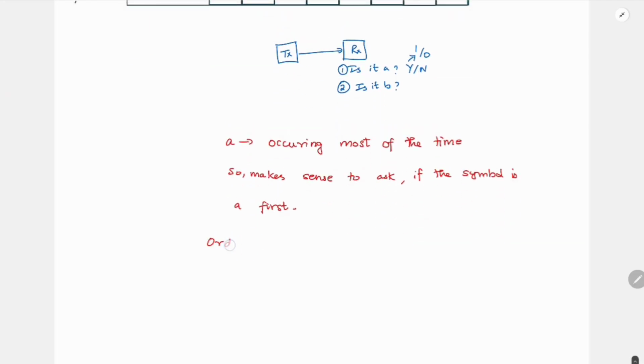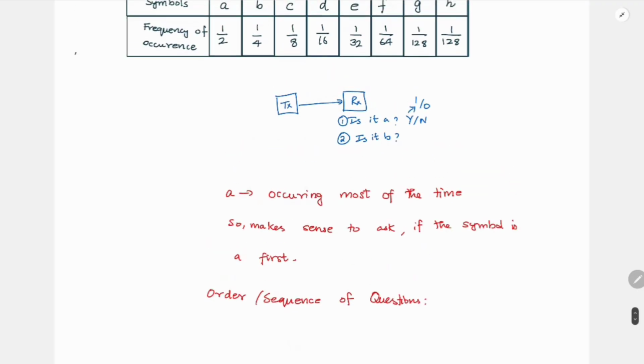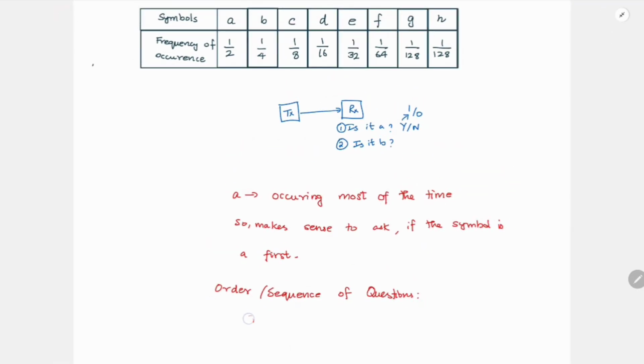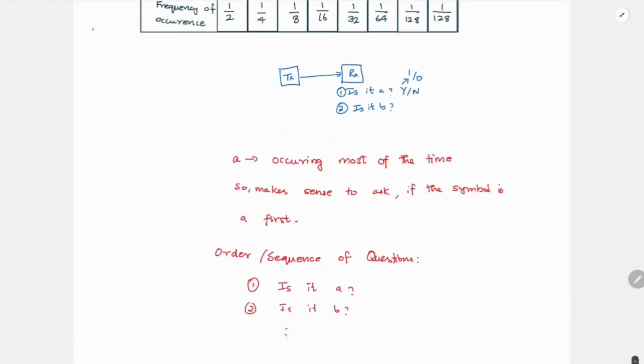So the order or sequence of questions should be in this format. First will be is it A? Second will be is it B? And so on.